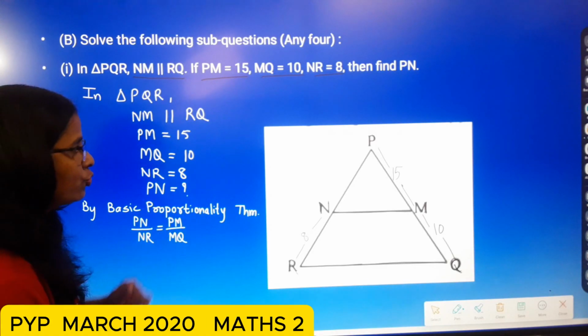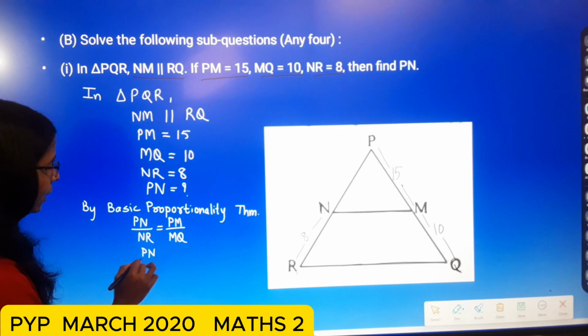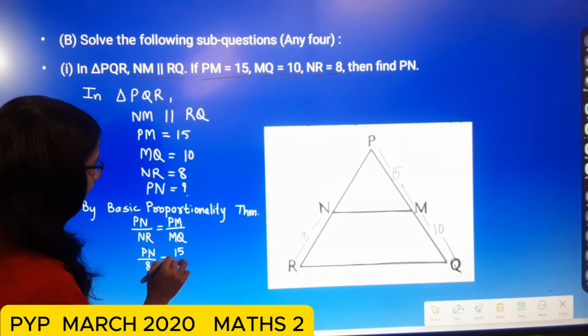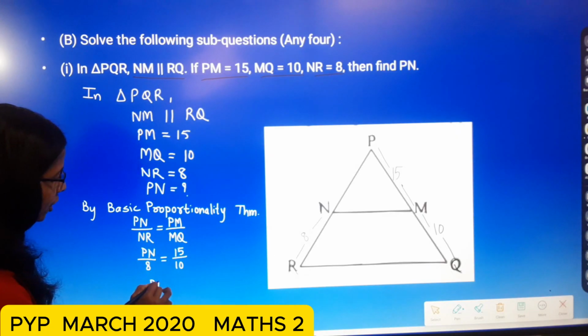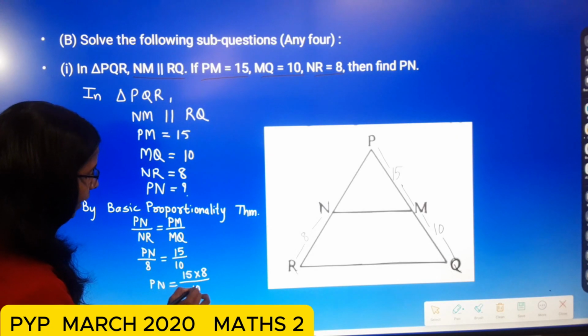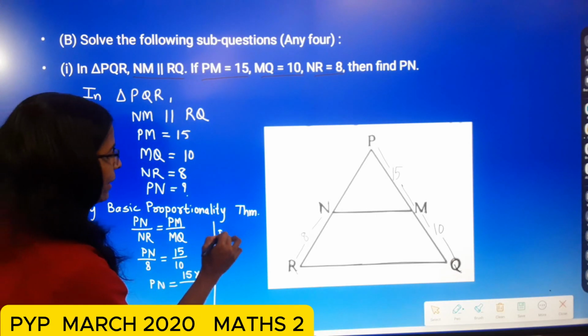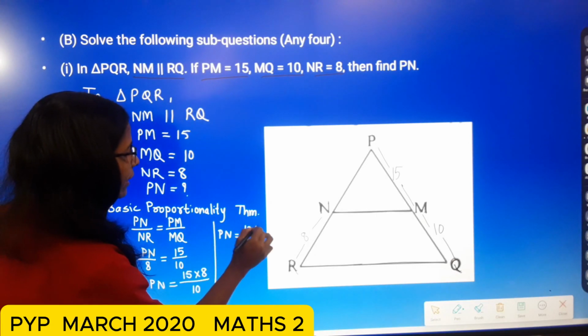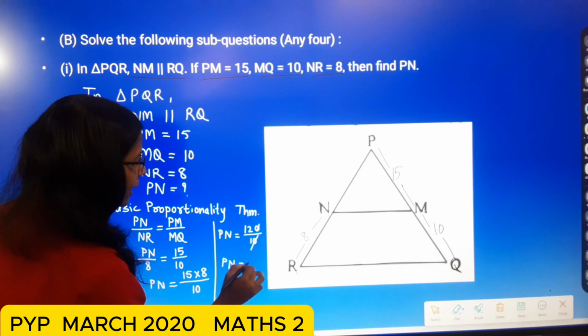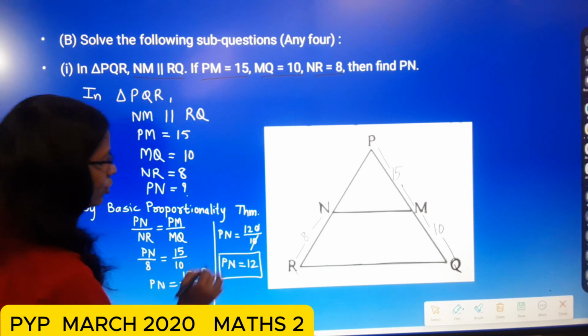Now the substitution, students: PN upon 8 is equal to 15 upon 10. Now cross multiplication, PN is equal to 15 multiplied by 8 divided by 10. Then PN is equal to 120 upon 10. So the 0 gets cancelled. Then PN is equal to 12.